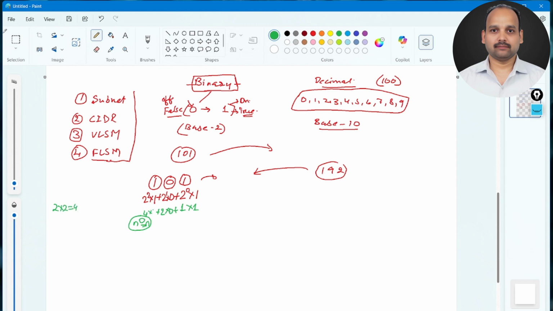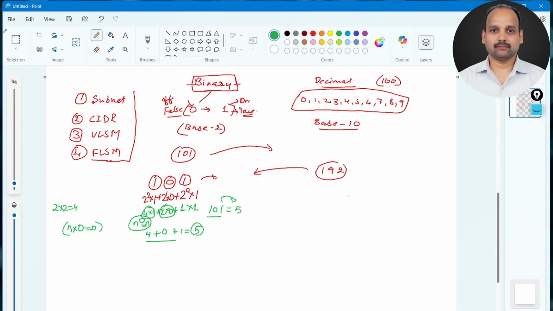So 4 times 1 equals 4, plus 0, because if I multiply any value by 0, the value will be 0, plus 1 times 1. The total is 4 plus 0 plus 1 equals 5. So 101 is the binary value, and the decimal will be 5.